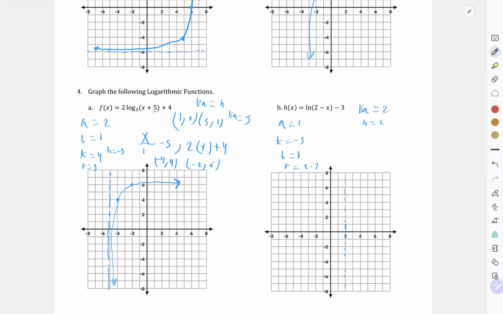Yeah, it's E. Okay, let's start it, despite it being a little bit wonky. Again, 1, 1, 0, 2.7, 1. Plus, what's our H? 2. Our A is 1, Y, and then minus 3.